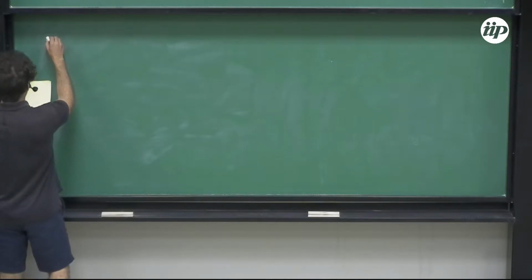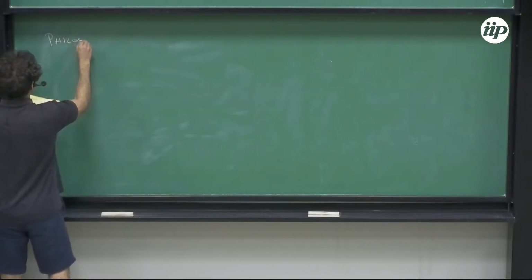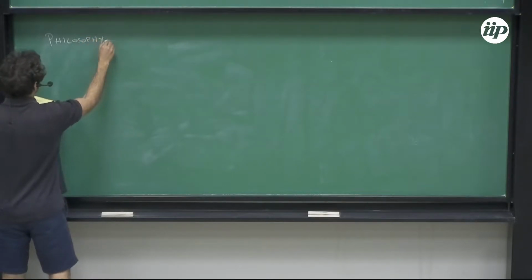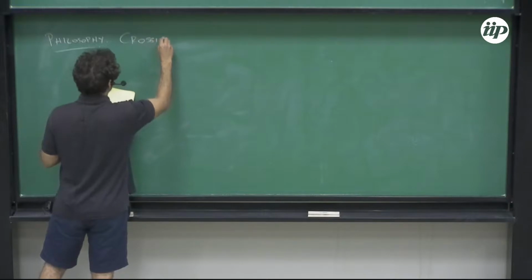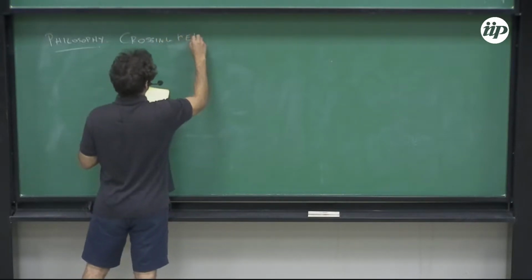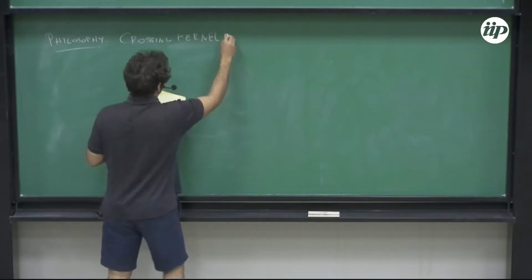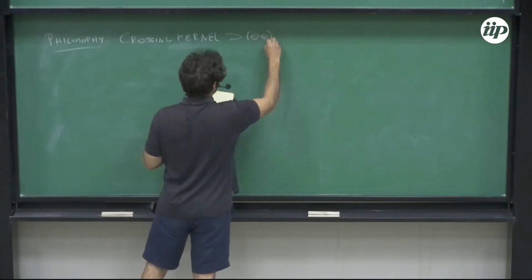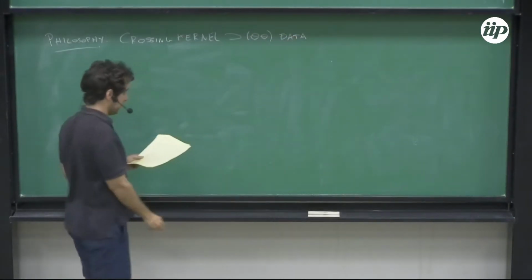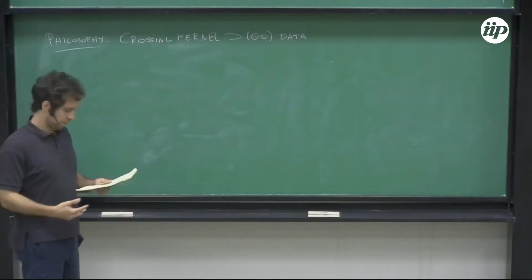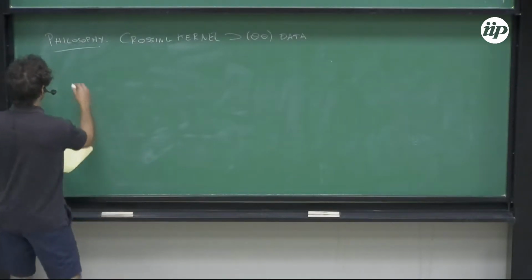So one of the messages that I'm going to use is that the crossing kernel nicely packages all this double twist data into one object. So why is that?